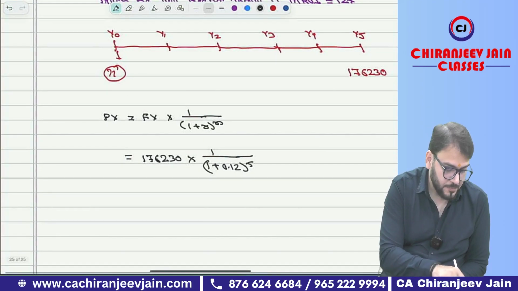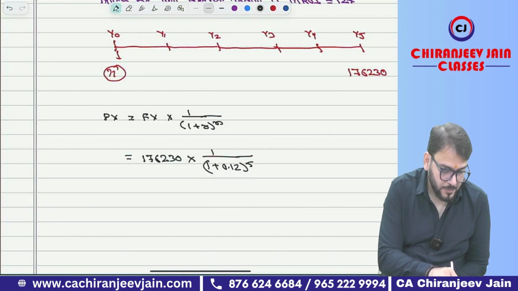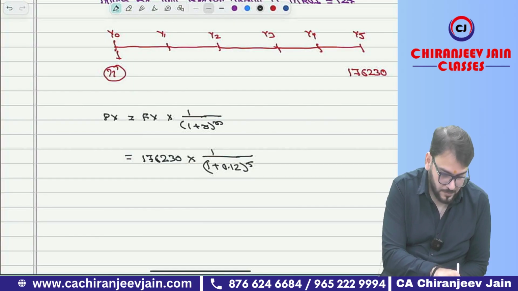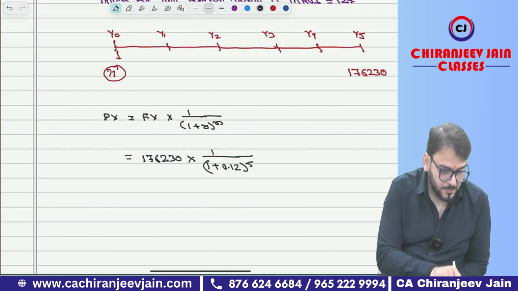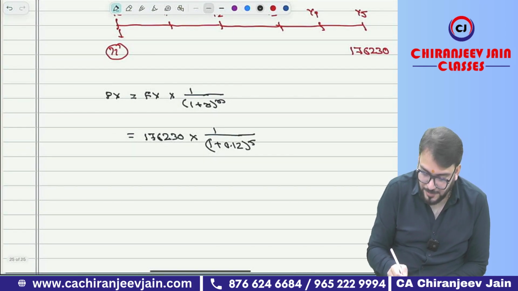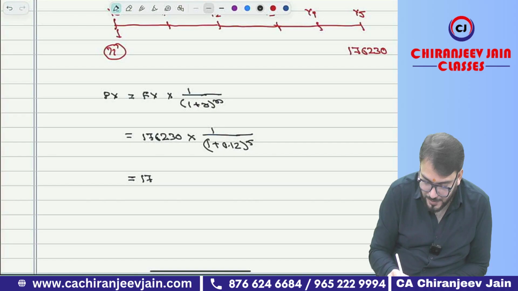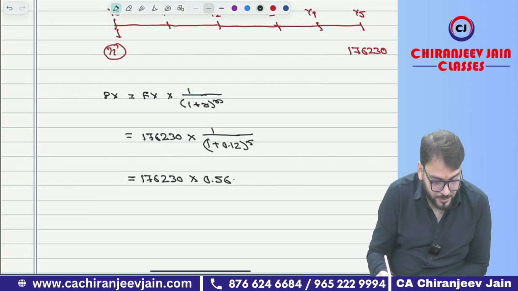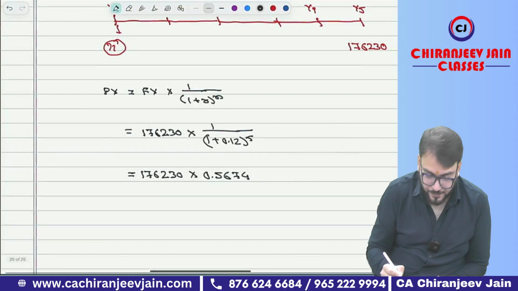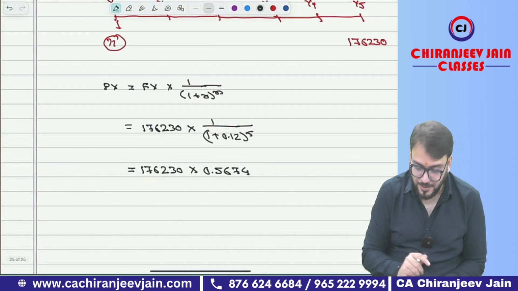Check it. Tell me. It means we are getting 1,76,230 multiplied by 0.5674, approximately 4 decimals.